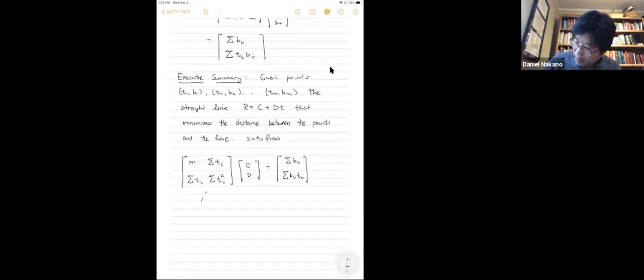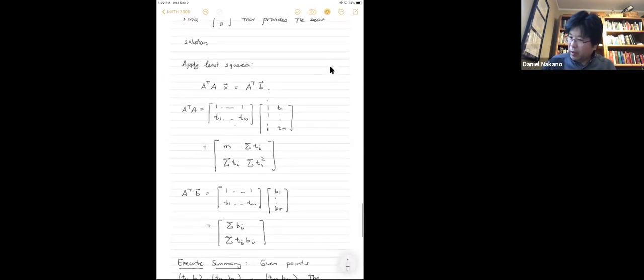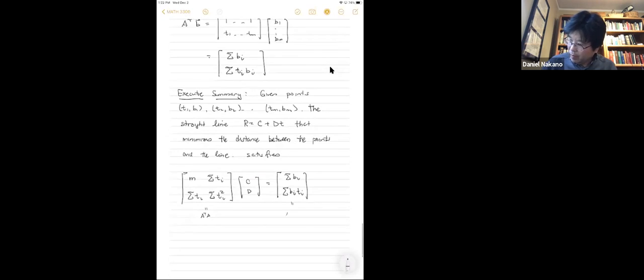Remember, this was A transpose A, and this was the matrix A transpose B. Given this setup, as long as we can invert A transpose A, there are situations where we can find the inverse of this 2x2 matrix. We can invert it, and then solve for C and D, and there's a unique solution. Okay, any questions on this?